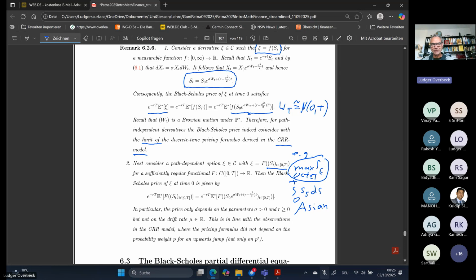Can you describe a passport option? I even couldn't do it out of my head how a passport option is defined.